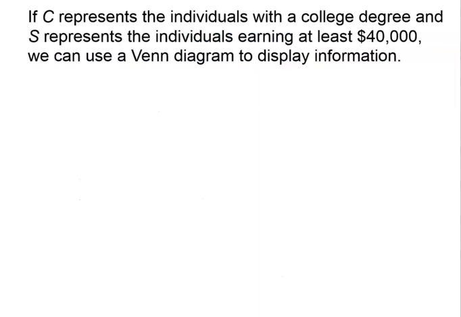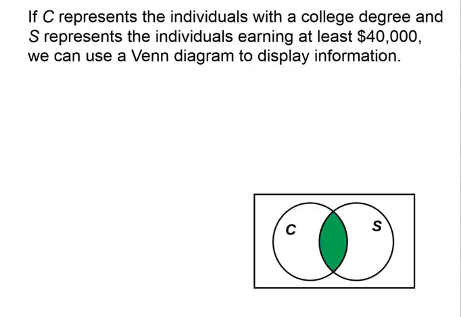Now, if C represents the individuals with a college degree and S represents the individuals earning at least $40,000, we can use a Venn diagram to display information. We know this, right? So there's our Venn diagram.